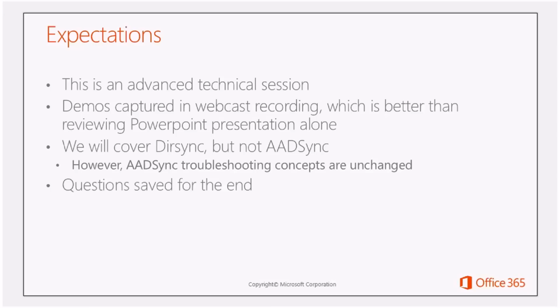So if you start off with an object on premises, it may be a contact, it may be a contractor, for example, and DirSync replicates that first to Azure Active Directory. It will show up in the Exchange Online directory as also a contact. Now, a lot of times, customers will use scripts or other methods of object injection into their on-premises Active Directory.